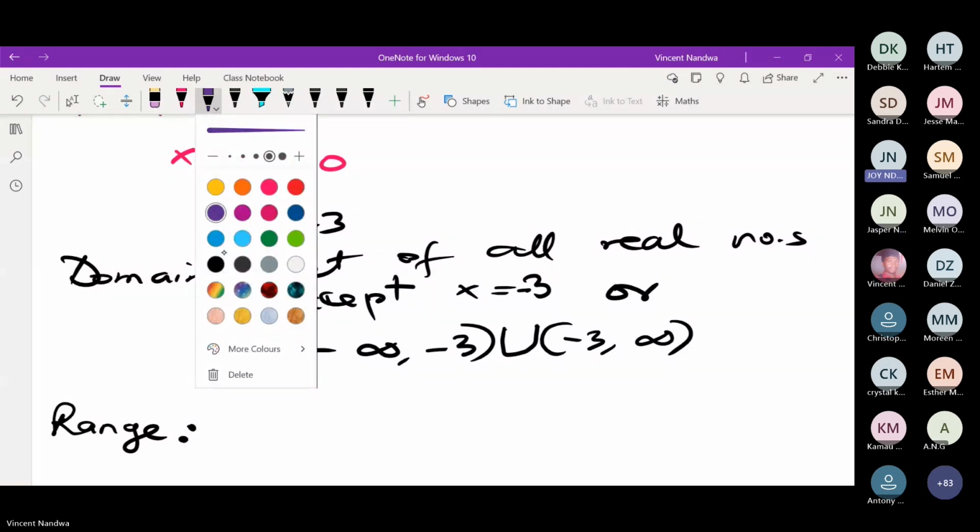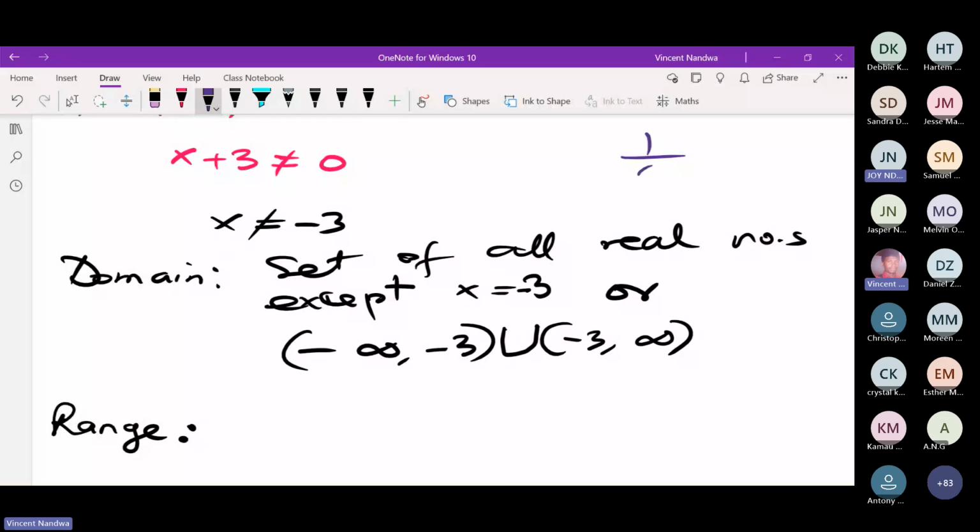Remember we have 1 over x plus 3. Is it possible for this to give us 0? Is there a value of x that can make 1 over x plus 3 equal to 0? No. If I equate this to 0, then 1 equals 0, which is an absurdity.